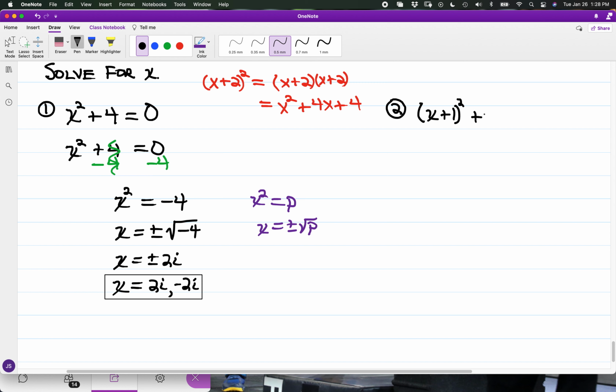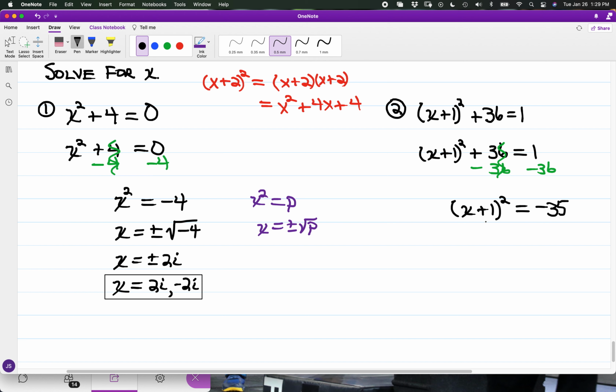I'm going to isolate the variable expression, which I have as the square of x plus 1. So the 36 I have alongside, I'm going to move by subtracting on both sides. So we have the square of x plus 1 is equal to negative 35.